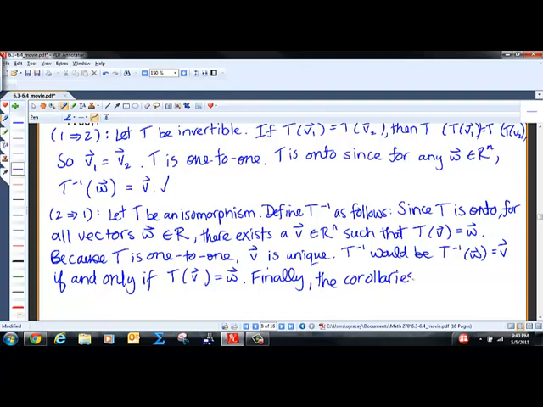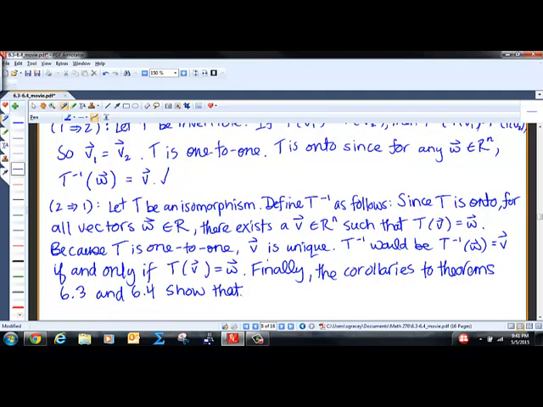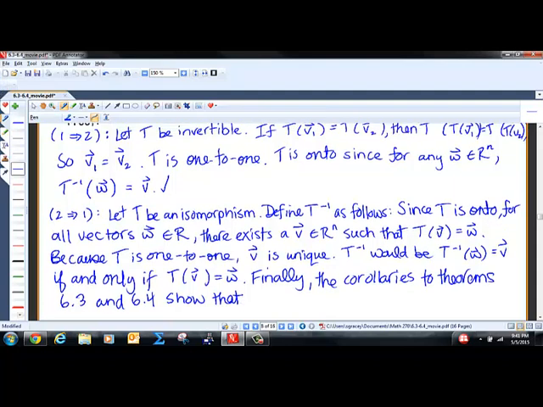Back in, I think it was 6.2 or something, or 6.1, the corollaries to theorems 6.3 and 6.4 show that 2 and 3 are equivalent.